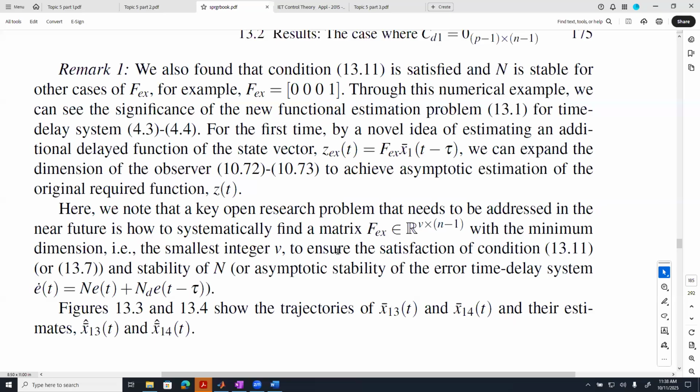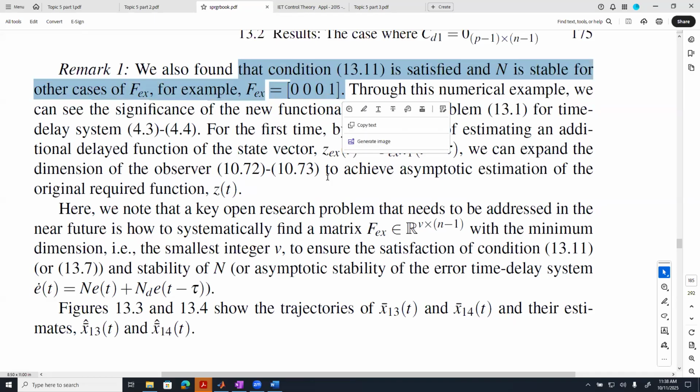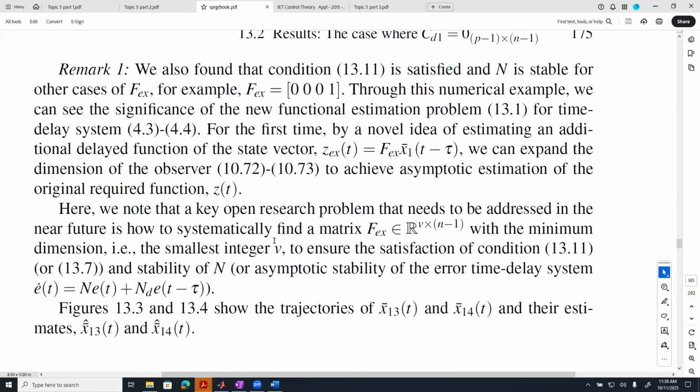But we demonstrate the generality and the extra degree of freedom that this extra functional can add to the existing conditions. So the problem that we would like the reader to investigate in the future is how to systematically find a matrix with the minimum dimension, because sometimes you might need to add more rows instead of just one row.